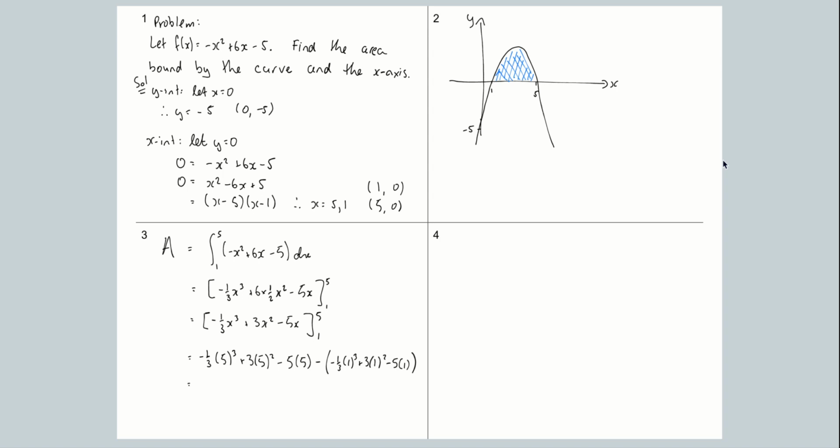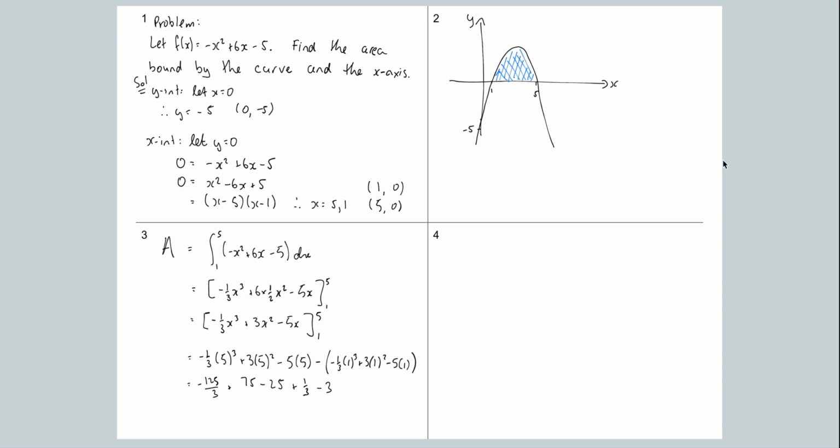So on my calculator, which you won't be able to see on your screen here, 5 cubed is 125. So I've got negative 125 on 3, plus 5 squared is 25, times 3 is 75, minus 5 times 5, which is 25. Minus a third times 1 is negative a third. I'm subtracting negative a third, so that's plus 1/3. Then 3 multiplied by 1 squared is 3, and I'm subtracting that, so it's minus 3.